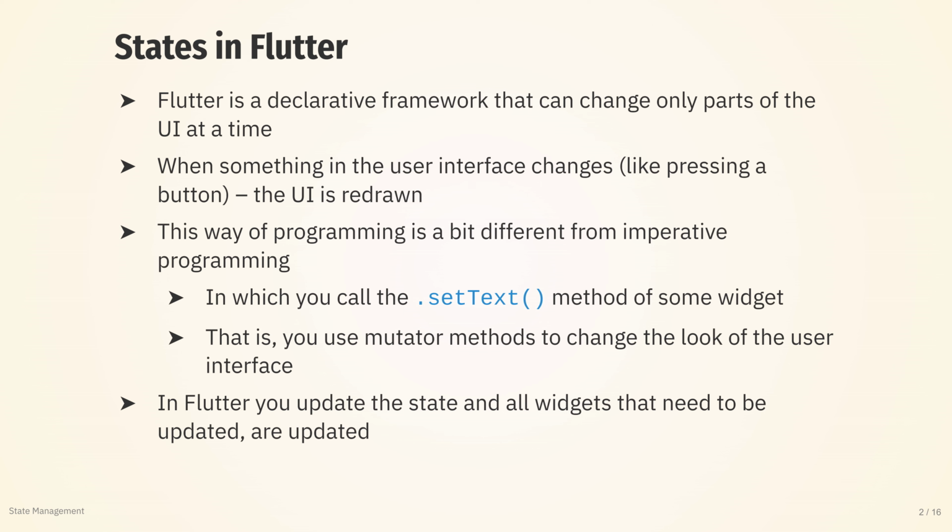In Flutter, it's been optimized for doing this by updating the entire state and doing that efficiently throughout the application. That also means that it will only update the parts that will actually need to be redrawn.